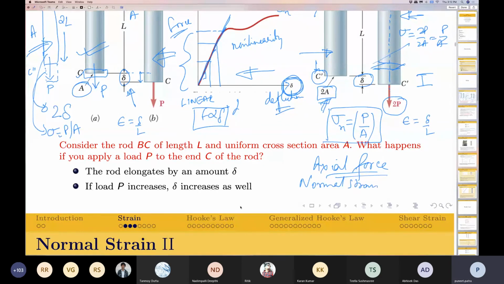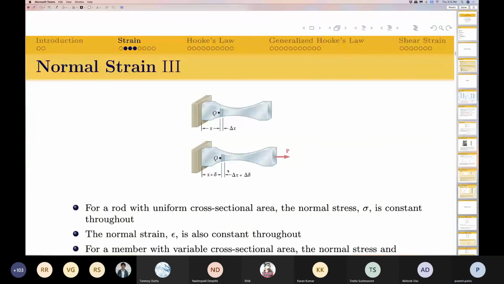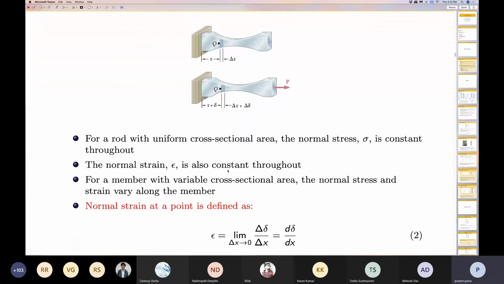Now that I have told you what the stress strain diagram is, the situation changes somewhat when it comes to a bar whose cross-sectional area changes over the length. Unlike in the previous situation, the bar shown over here has a cross-section that keeps changing as you move away from x equal to 0.